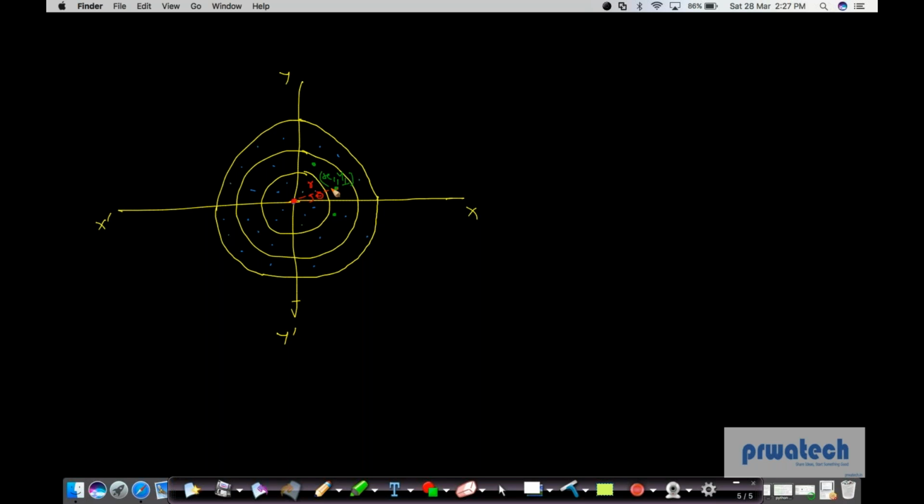This could be 30 degrees, 40 degrees, 60 degrees, but this looks very much like a 30-degree angle. Now if I check the distance from this point to this point, the radius will be similar. The r value is the same, only theta will change. Likewise, I can calculate all these data points, checking my fx and fy.